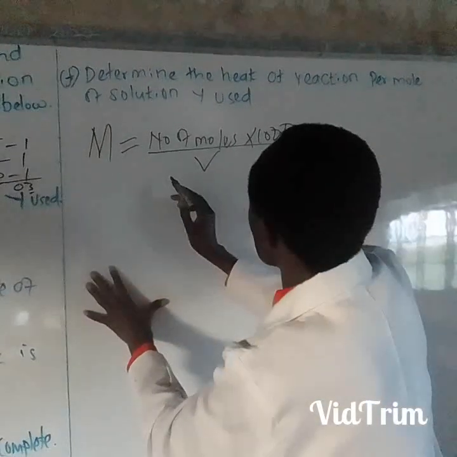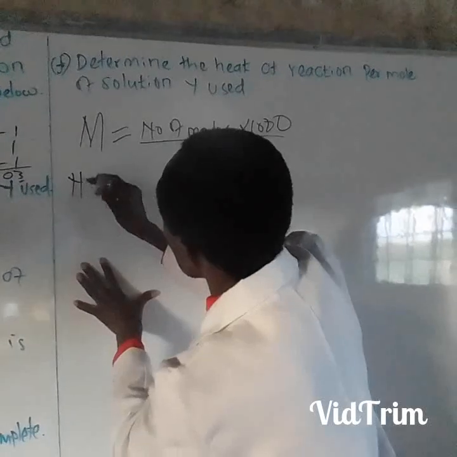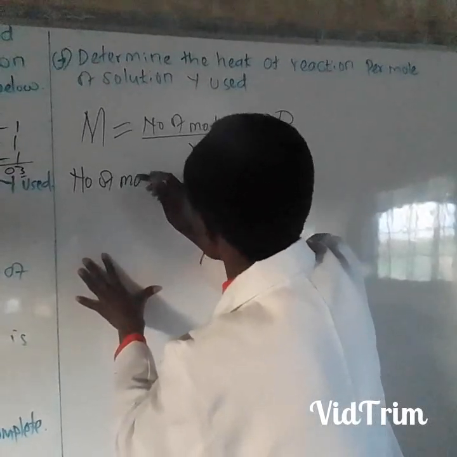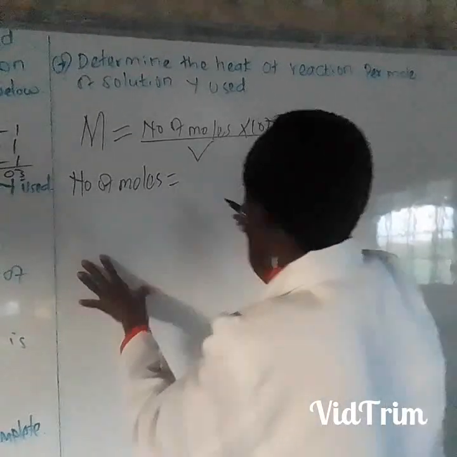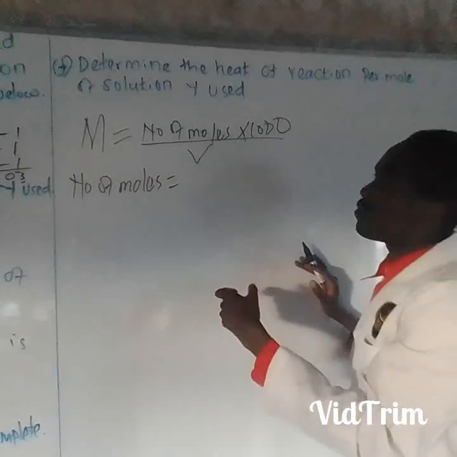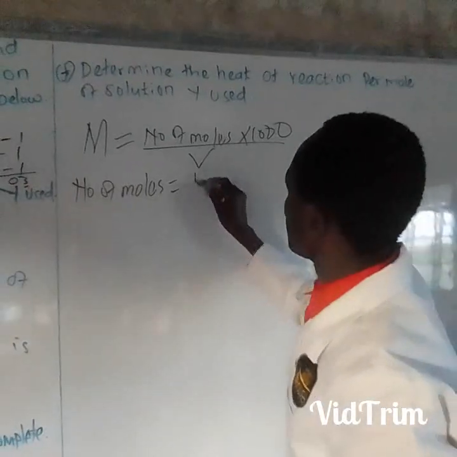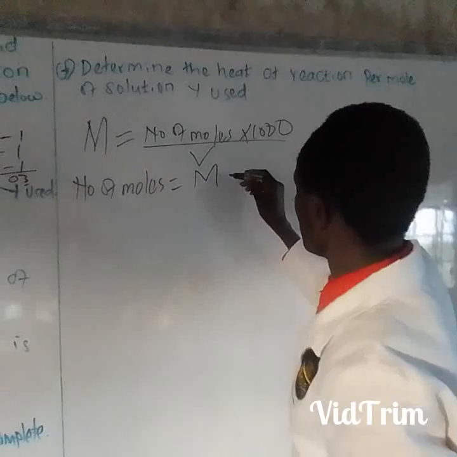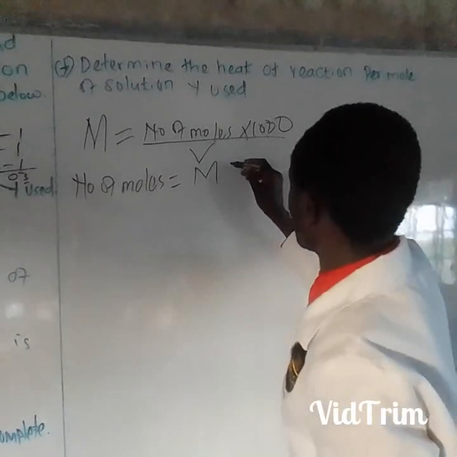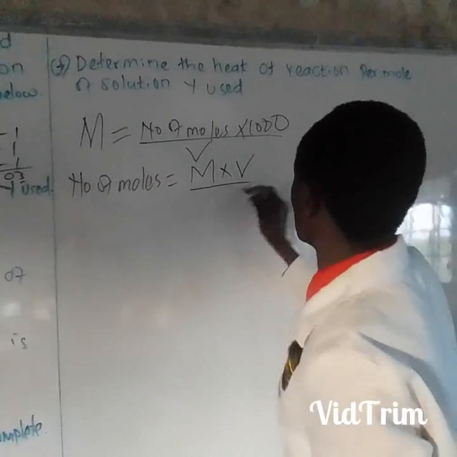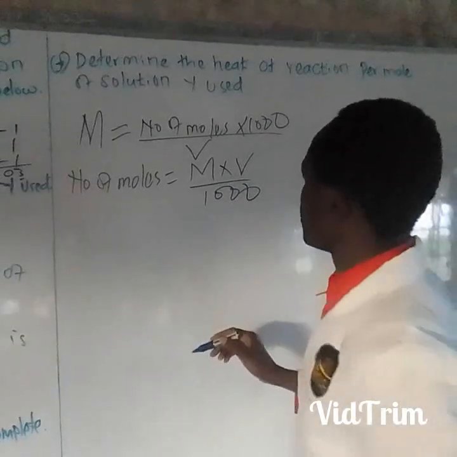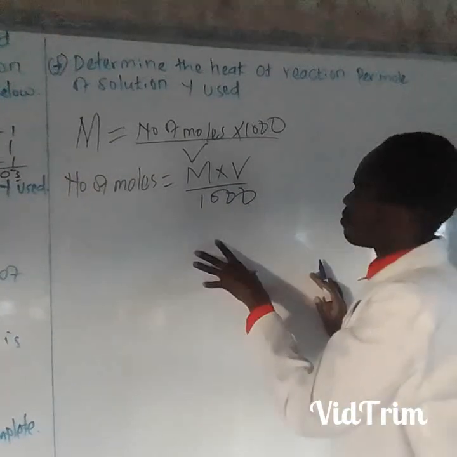So to get now the number of moles, I make the number of moles the subject of the formula, where now I get molarity times volume all over 1000. So that's how you get now the number of moles.